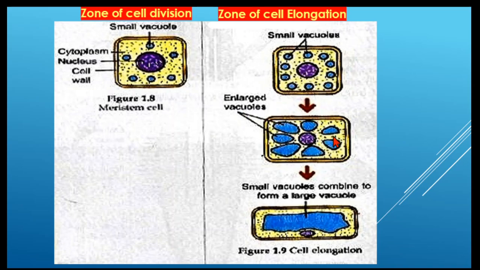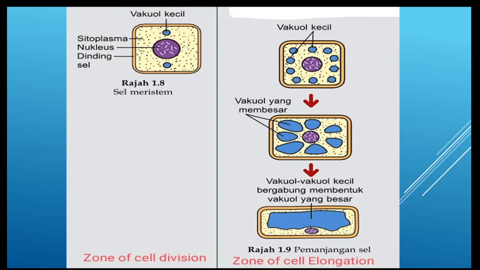Ini kita panggil vacuolation. Okay, so now the vacuole becomes large. So ini yang berlaku di zone of cell elongation. The size becomes larger. Okay, so this one is more clear.